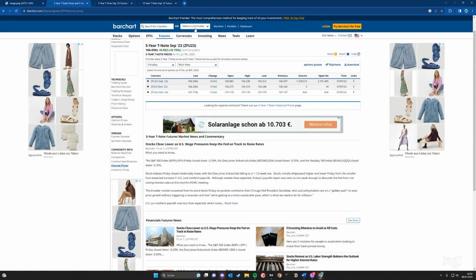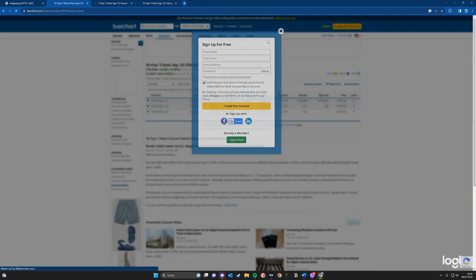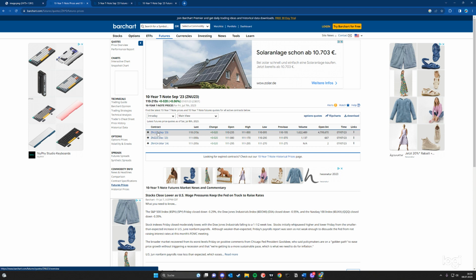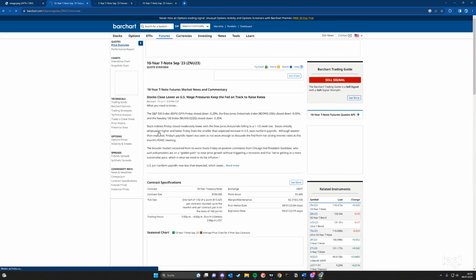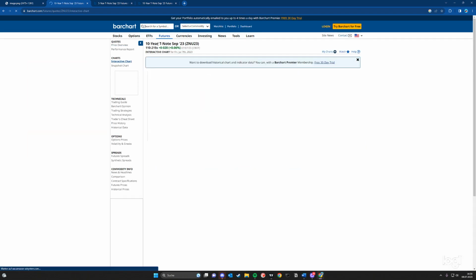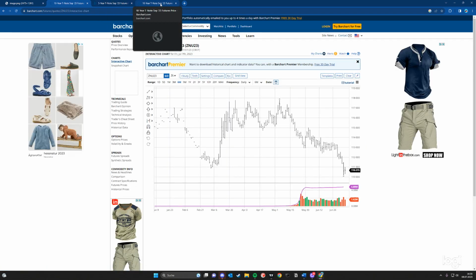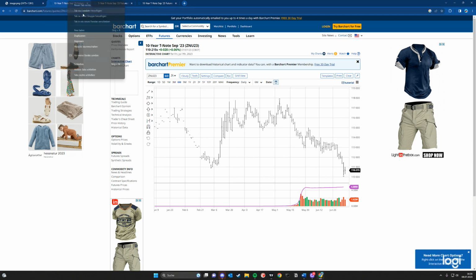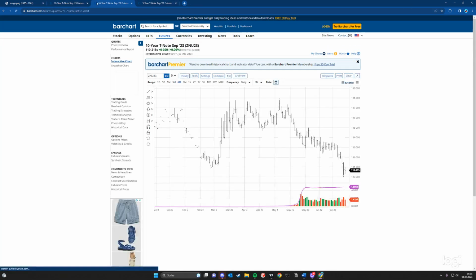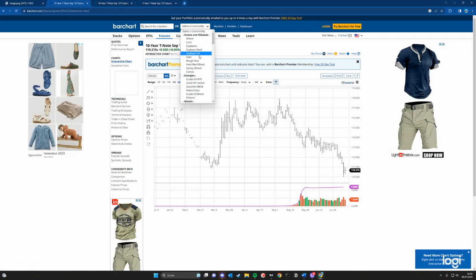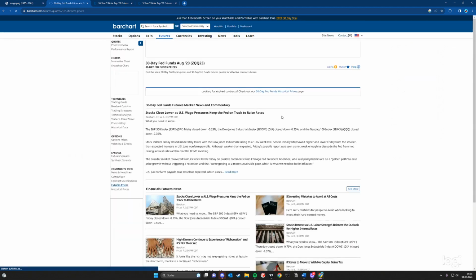We need the 10-year note chart, please. The 5-year, 10. And one last thing, we also need the 30-year.